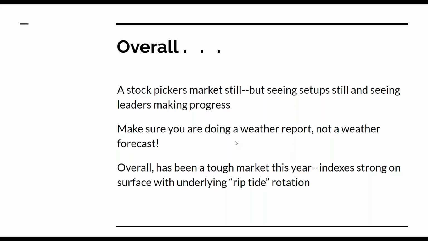And it's because the indexes have been strong on the surface, but there's this nasty underlying riptide rotation that's just sucking your feet out from under you, that has made it very difficult. And you even see that in the paper each weekend. The 1 or 2 mutual funds that they highlight, those managers are significantly lagging the S&P 500 performance this year.